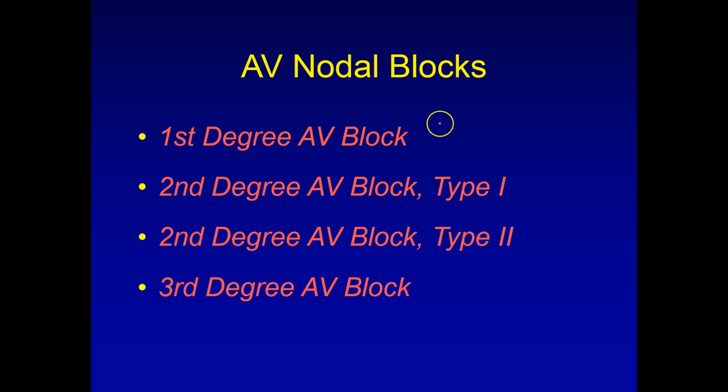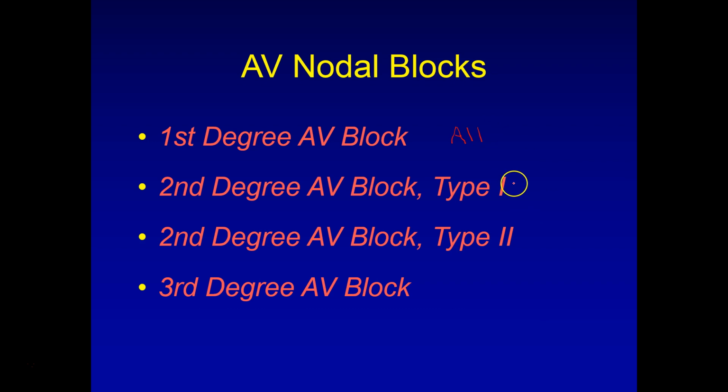If you categorize all of the heart blocks by that fact, in first degree AV block, the signal gets to the ventricle all of the time. So let's go ahead and write that. All of the time.